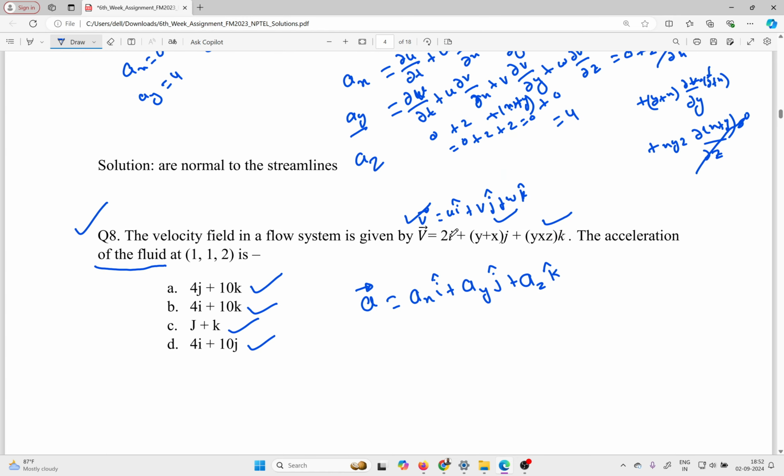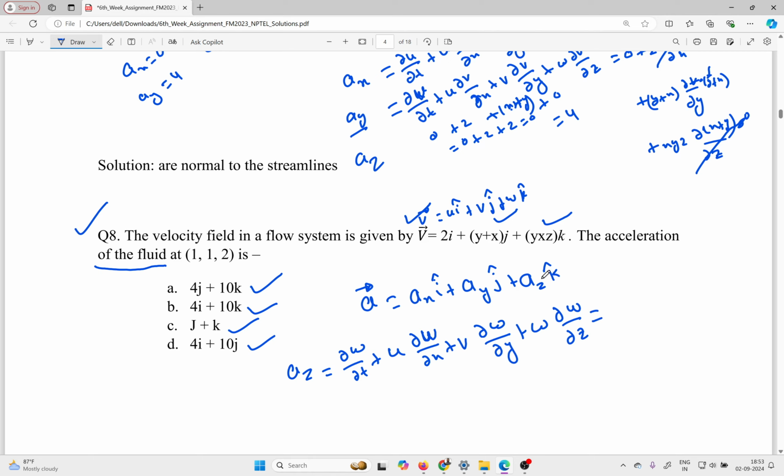So for some students, let me calculate the z component also. az is nothing but del w by del t plus u del w by del x plus v del w by del y plus w del w by del z.